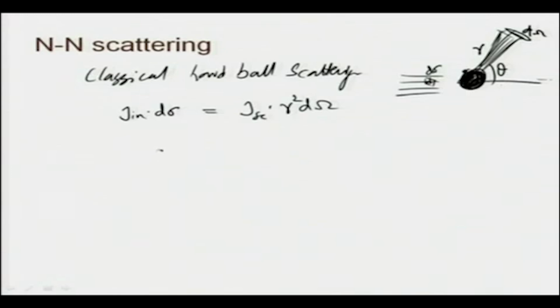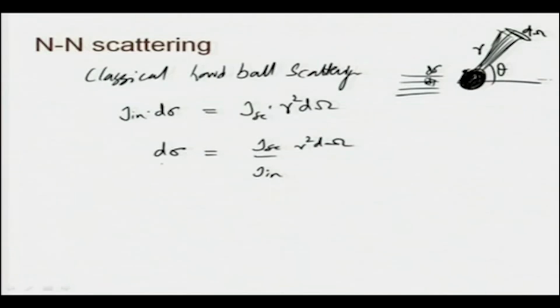Now, we can rewrite this if we know J sc and J in, and if we know the solid angle the detector, for example, covers, then we can get the d sigma from here.